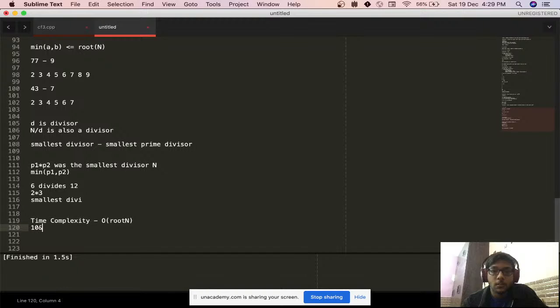We can do 10 power 8 operations, right? So that means we can check numbers up to 10 power 16, because they would take 10 power 8 operations. Root of 10 power 16 is 10 power 8. So now we can check numbers up to 10 power 16 in 1 second.